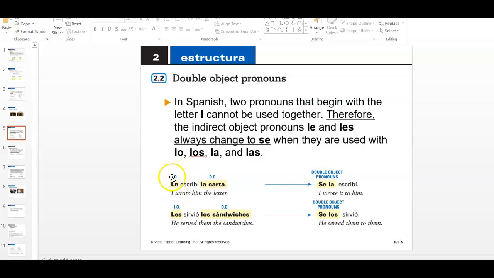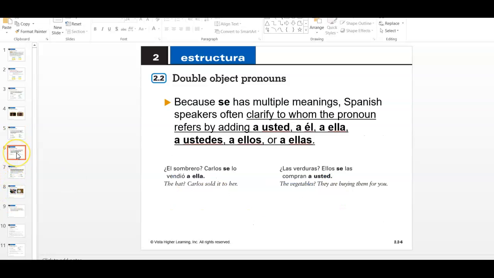So I'm going to have to change le to se. Okay, se la escribí. I wrote it to him. La takes the place of the letter right here, and then him is se. So you cannot use le or les with lo, los, la, or las together. You have to change it to se.